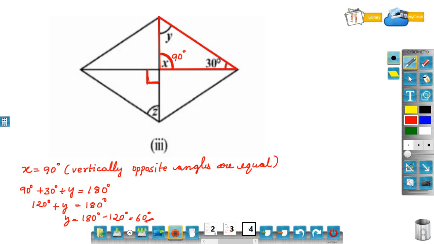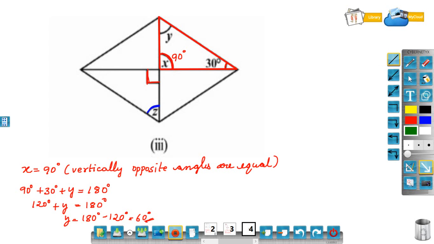Now we have to find out Z. How to find out Z? Now here we don't have an opposite angle. This angle Z is the angle formed by the diagonal. Now look at the alternate angle.